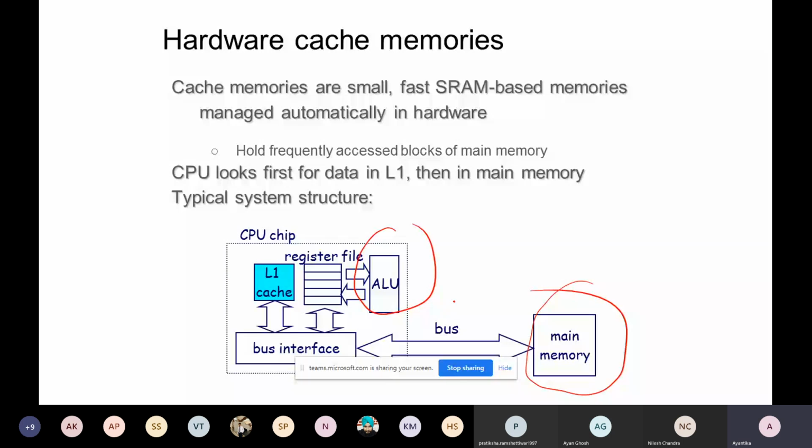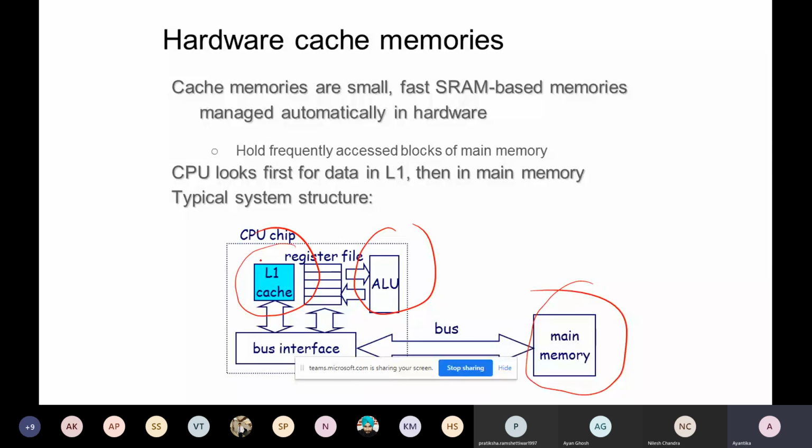Your main memory is huge, so of course it will take a huge time to search for every instruction execution. If you directly send a request to the main memory, the time will be more. So what technique are we considering? We are considering an intermediate, smaller, faster memory unit that is called cache memory.